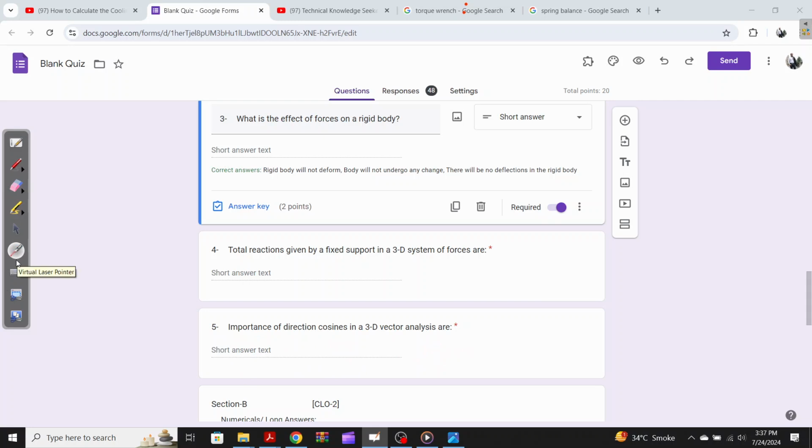Basically, you can write: direction cosines give the directions of a three-dimensional Cartesian vector.